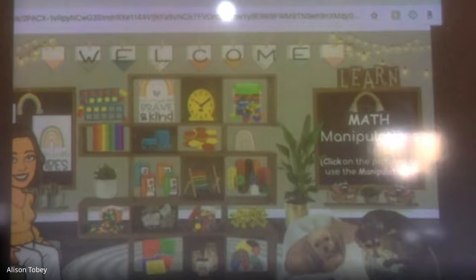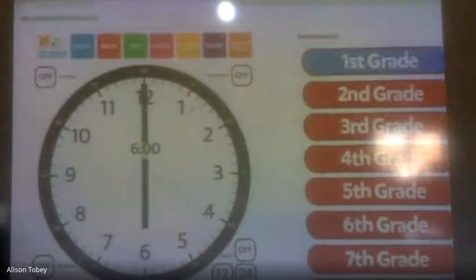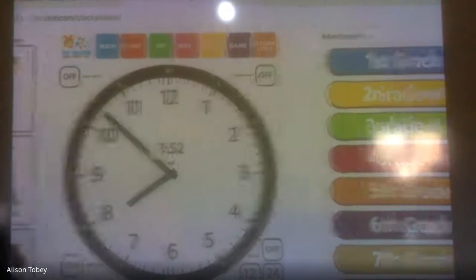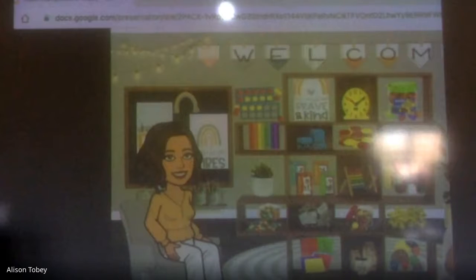You can click on the clock and you can practice time, or you can click on these blocks and you can build.